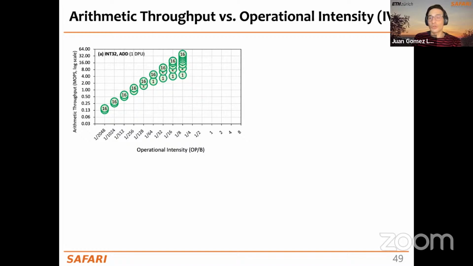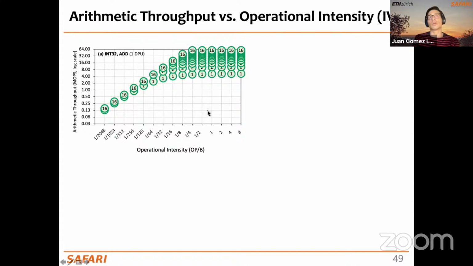And the trend continues, and we need more tasklets to achieve the higher throughput. At some point, we see how the throughput starts saturating at 11 tasklets, and it remains constant up to 16 tasklets, which is the maximum number of tasklets that we have used in our experiments.